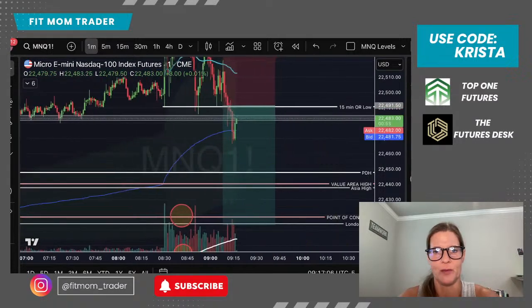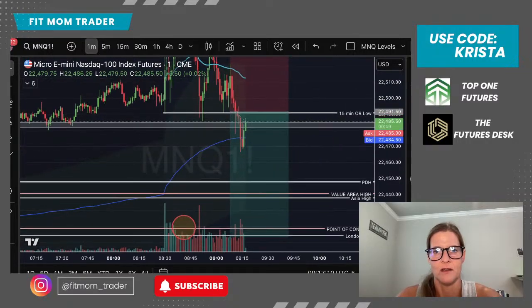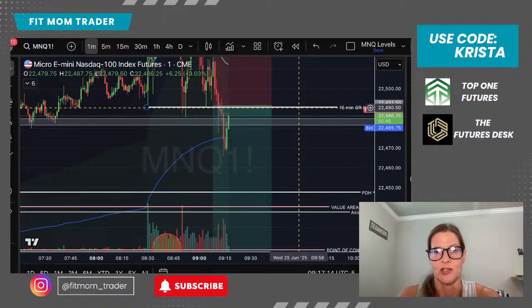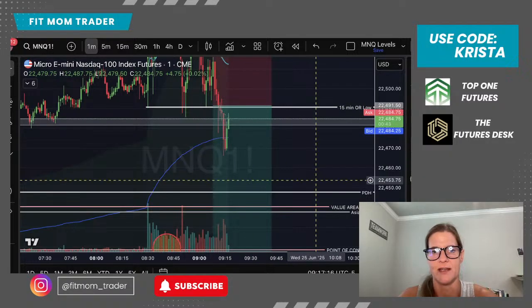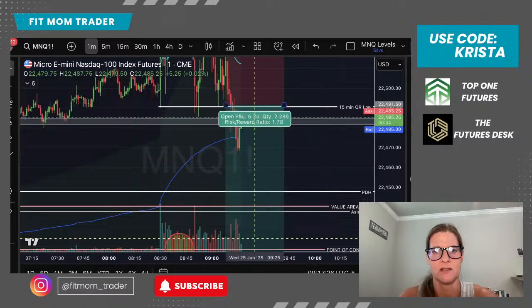I could have been a little bit more patient in my adding to the position, because it looks like we are going to come back up to 15-minute opening range low. Hopefully reject, but that's right where my stop loss is too. Come on, let's get a rejection.